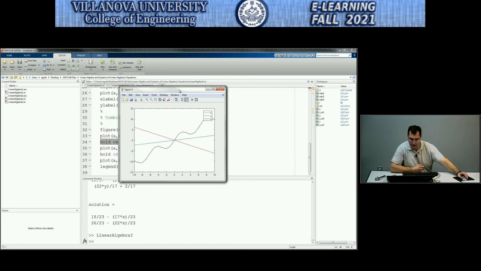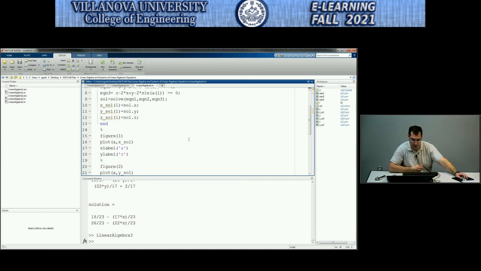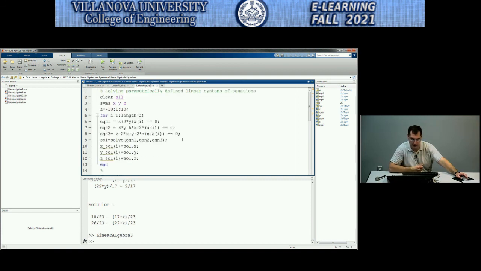You can see that the granulation is a little bit too high. If you want to get a more smooth graph, you can introduce more data points in this vector A. Let's say A runs from -10 to 10, but with the step, instead of 1, you take a step a little bit smaller, maybe 1/2, maybe 0.2. Let's say 0.2. It will take a little bit longer, but let's see.